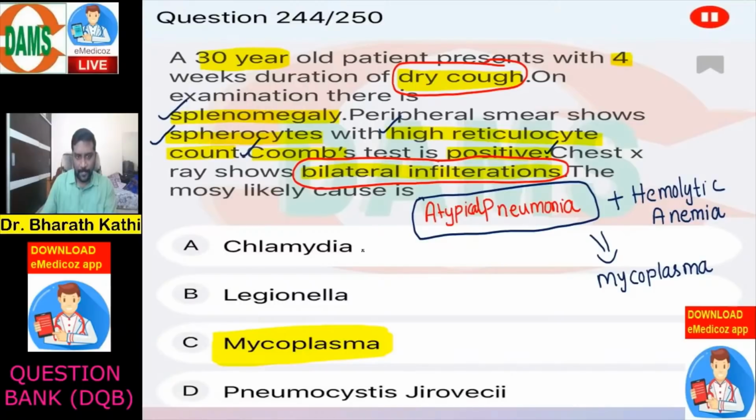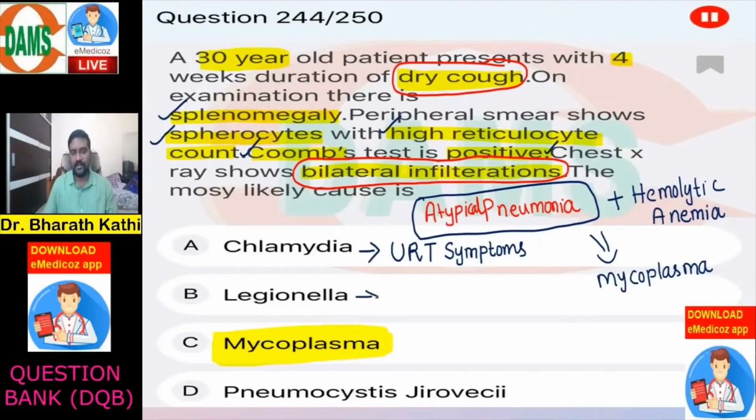Chlamydia will cause atypical pneumonia, and most importantly, there will be significant upper respiratory tract symptoms. Patient can be having some sore throat, nasal symptoms, all this. Legionella can also cause atypical pneumonia, but it has some special features.